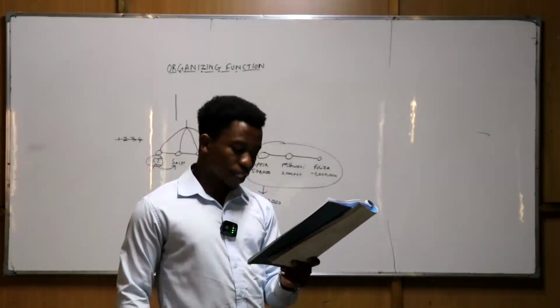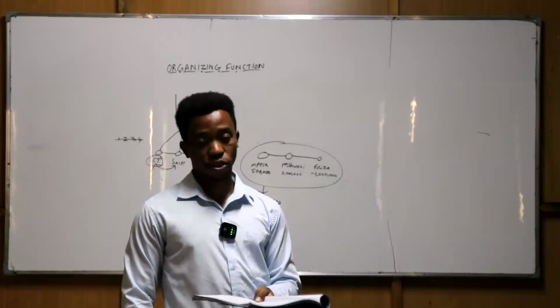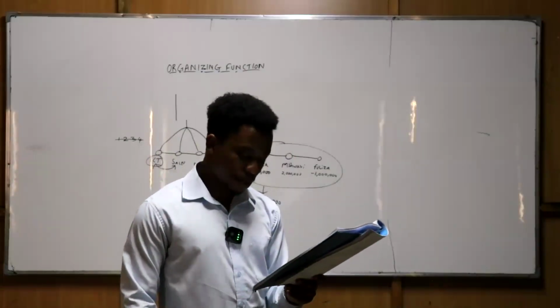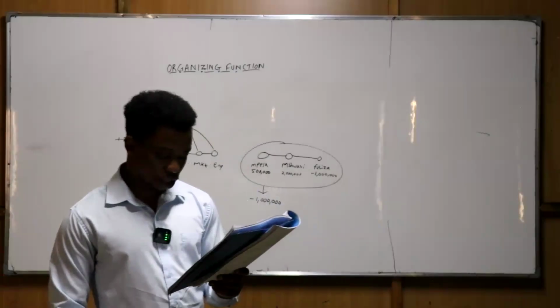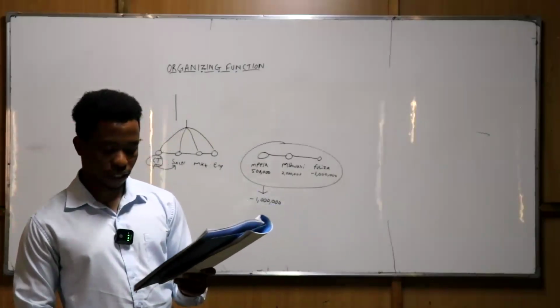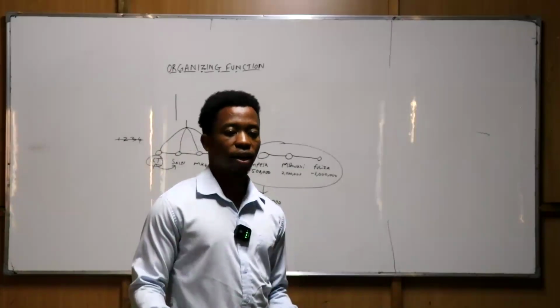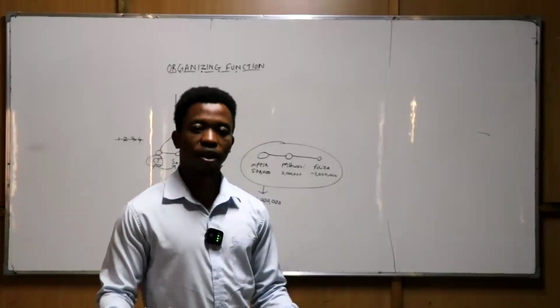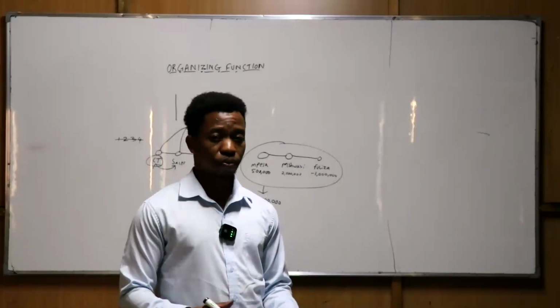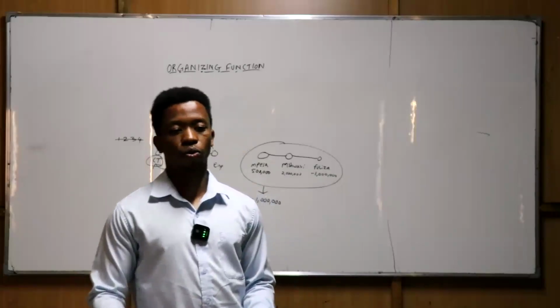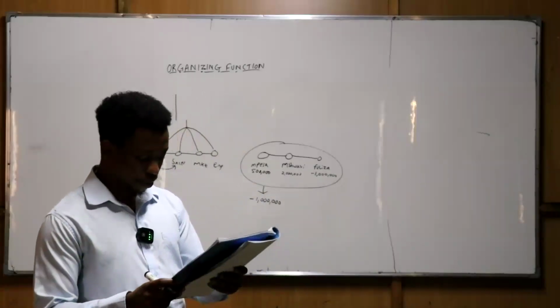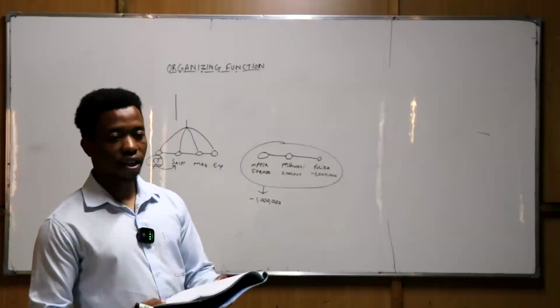So some of the advantages, staff maintenance costs are minimized. There is better customer service because the staff is conversant with the local needs. So if I am in Nyeri or in Thika and I am a person from Thika, then I've interacted with the Thika people. I know what they need at that point. Then saving in terms of freight and other charges.